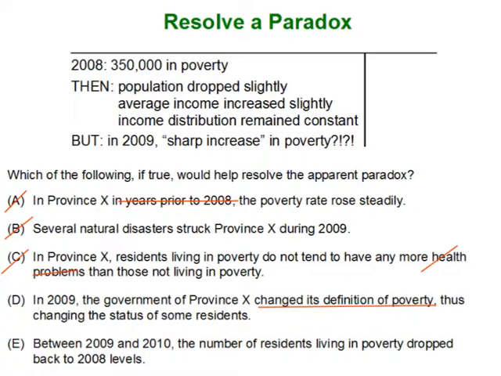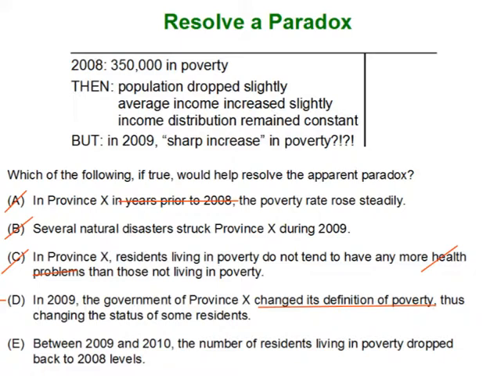Now, it doesn't say that it did it to a wider scope, but this is likely, and this is something that would make logical sense. So if they change the definition, that would change our understanding of who was in or not in poverty. So at the very least, we need to leave this answer and evaluate answer choice E.